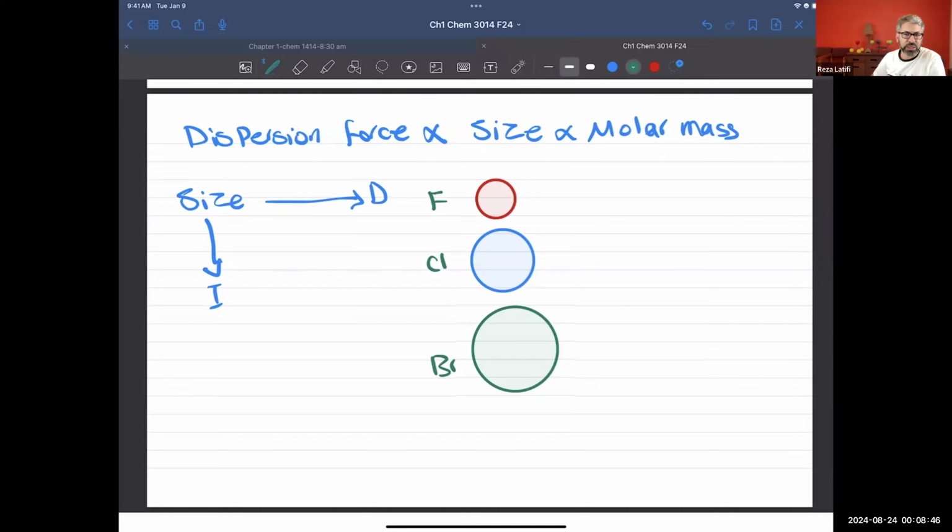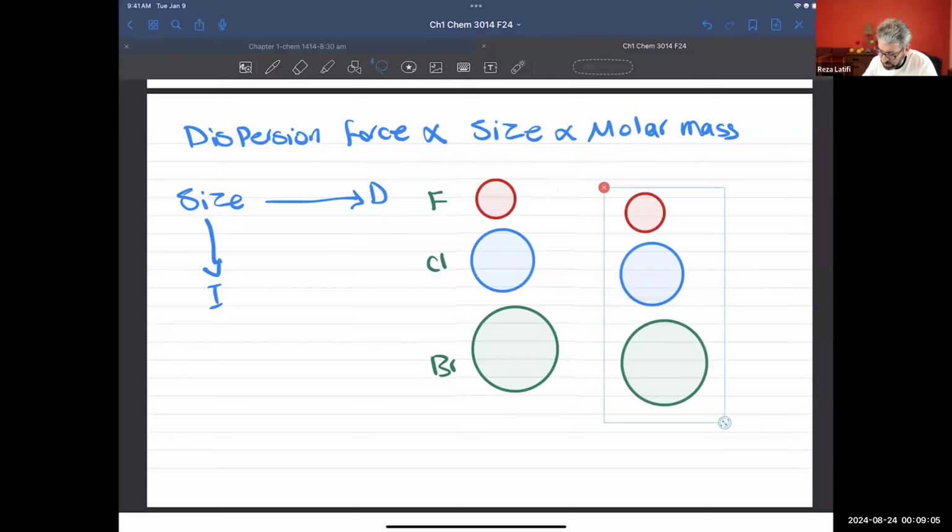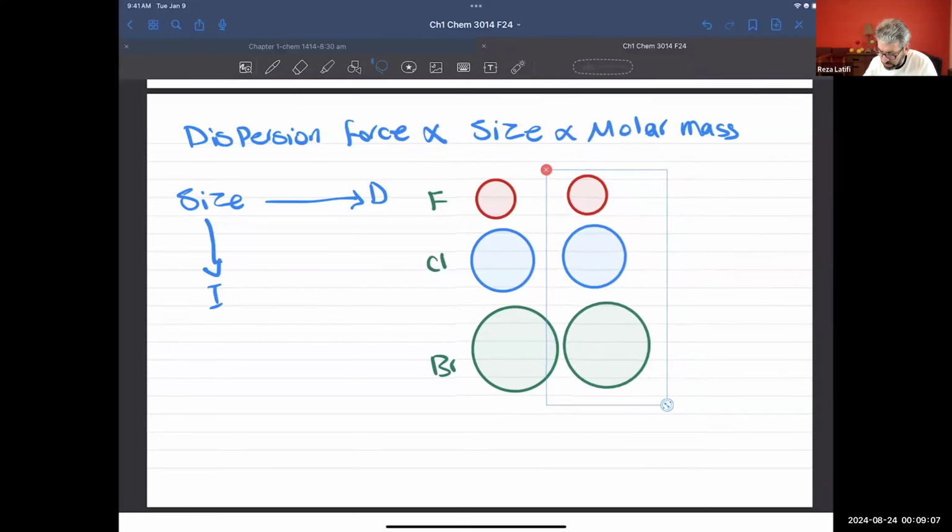Now, if I take two fluorine atoms and attach them to each other, we will have a chemical bond between them, but also we're going to get dispersion force. If I copy these two and put them close to another pair, the area available for interaction between them will be really, really tiny.